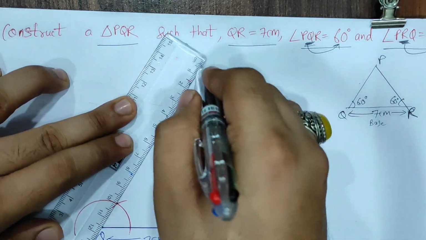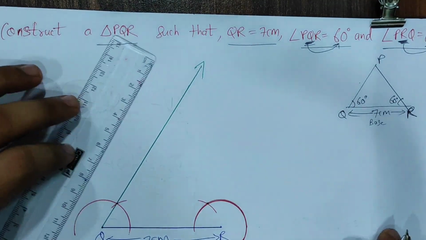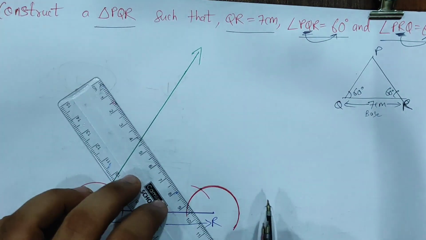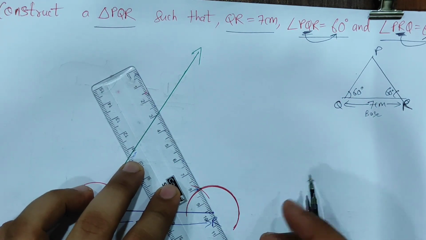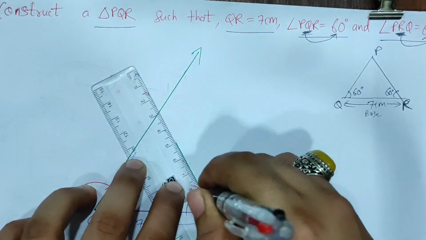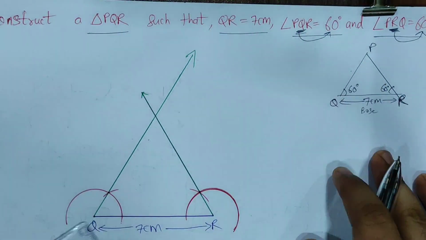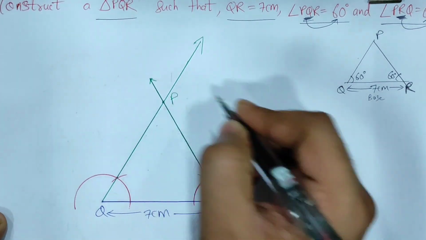I'll just draw a big ray like this. I'll mark an arrow over here. Similarly, I'll connect these 2 points, R and this angle. This is point Q, this is point R. So this has to be point P.